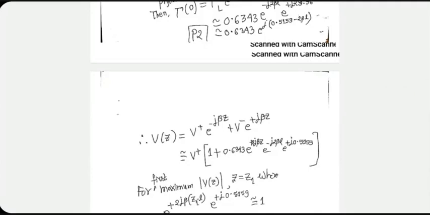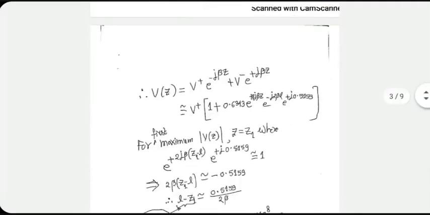Now we know, again, I'm starting with the basic equation. Rather than going by memory, let me start from the beginning. This is the equation for V(z). I take V plus e to the power minus j beta z out, I'll get, yeah, I made a mistake here, I think.